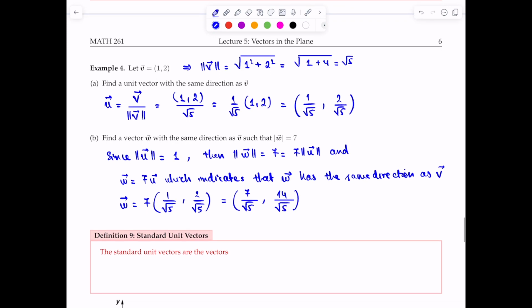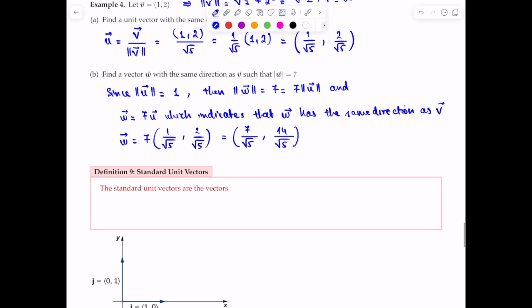So let's move on to the next definition. It's called the standard unit vectors. So the standard unit vectors are the vectors for the axes. In this case, I'm going to use the notation of i hat. This is the vector of the form 1 comma 0.